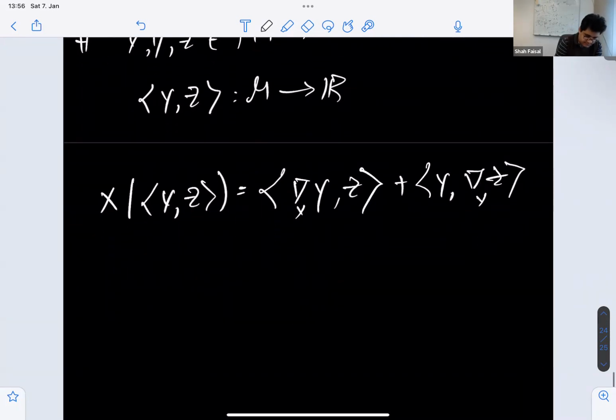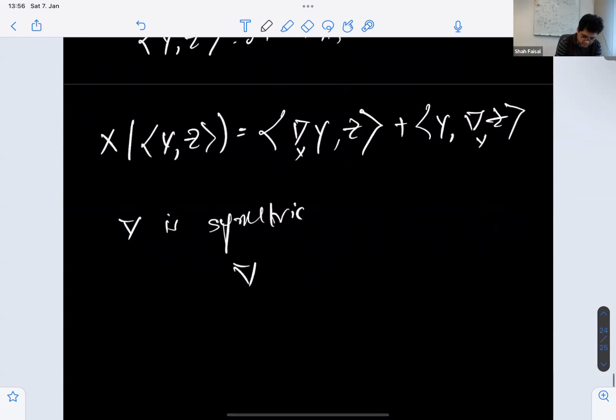And then there is some symmetry condition, so the connection is symmetric. This means that if you differentiate the standard vector i with respect to j, it is equal to differentiating j with respect to i.